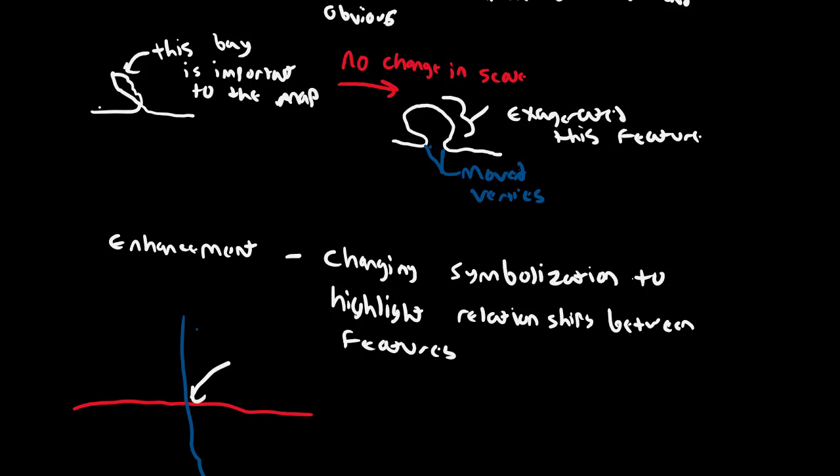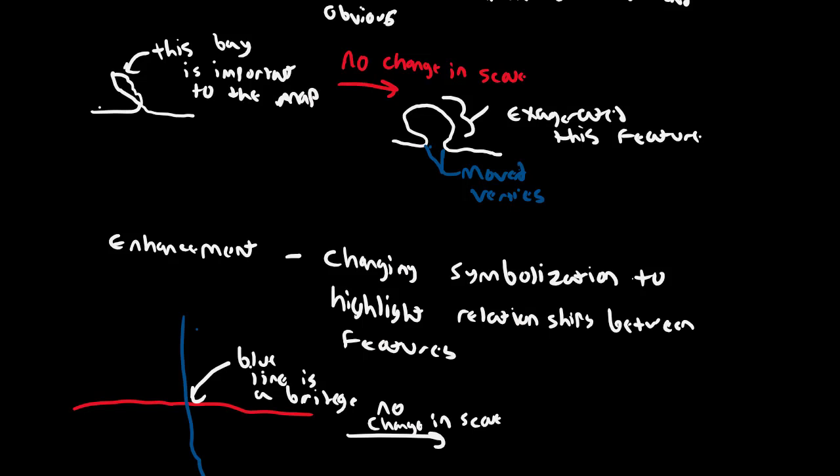The blue line is a bridge. So we're not going to change the geometry here, and again, no change in scale. But we want to make sure that it's clearly identified that this blue line is on top of the red line in the sense that it's a bridge.